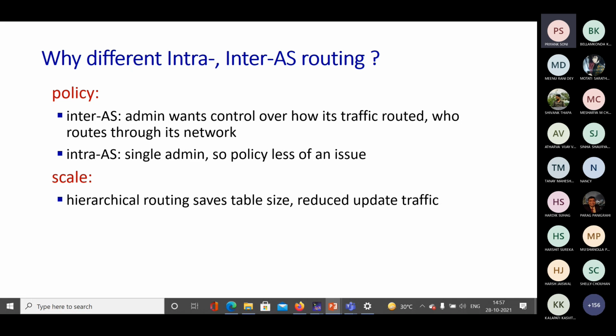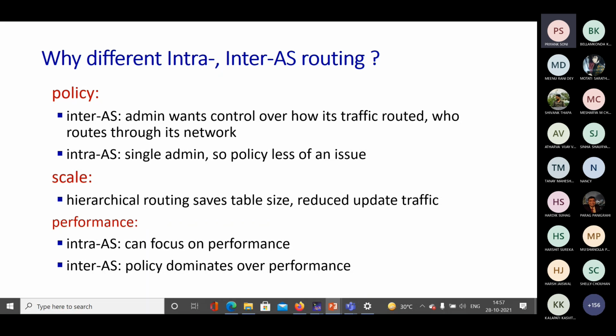Okay. Next is of course the scale, right? Even though hierarchical routing reduces the size of the table that will be propagated between different routers, and it will reduce the update traffic, still the number of nodes in the network is too high.